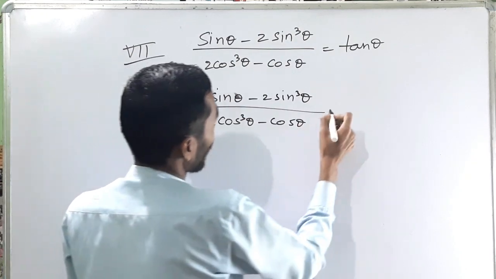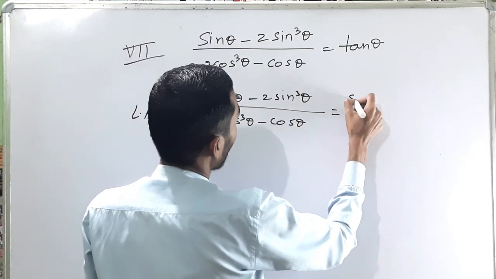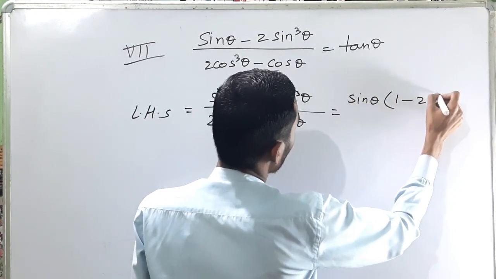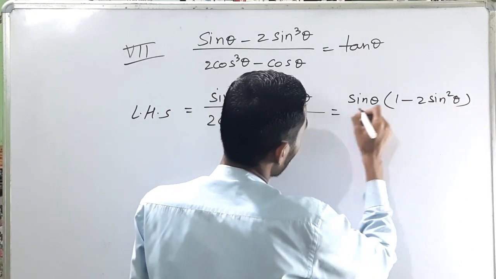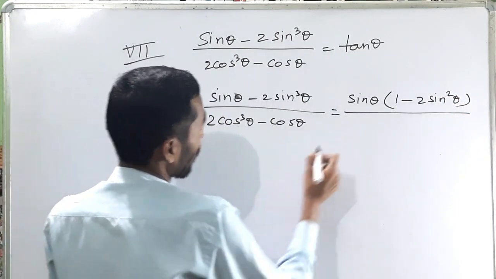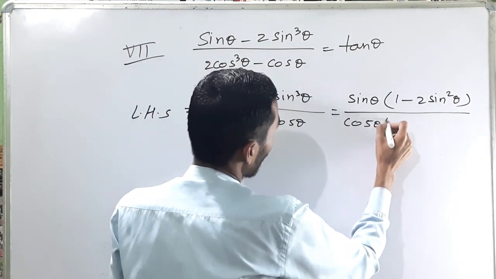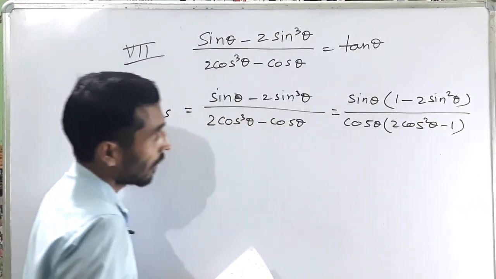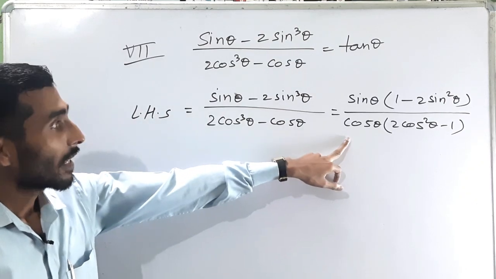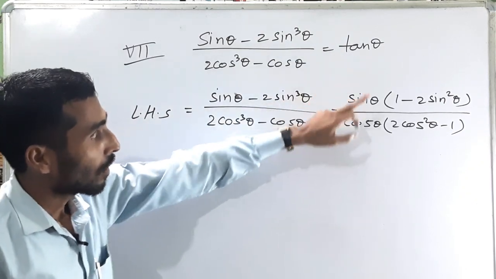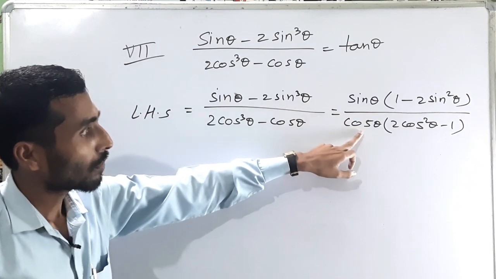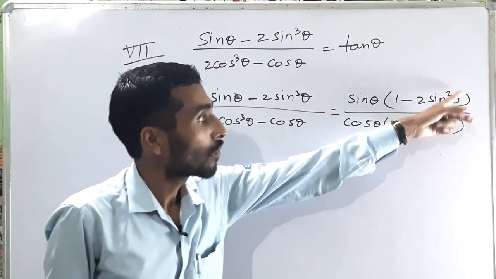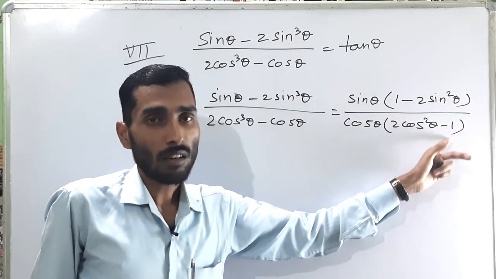So we can take common sin theta, 1 minus 2 sin square theta, and in the denominator cos theta into 2 cos square theta minus 1. Simply we can see here that in the RHS there is sin theta, so we have got sin by cos equals tan. So here these two terms will be cancelled out.